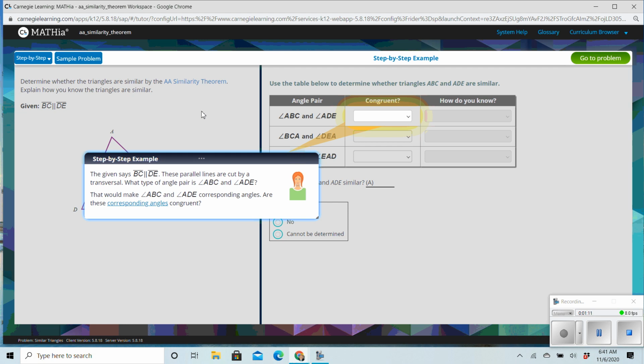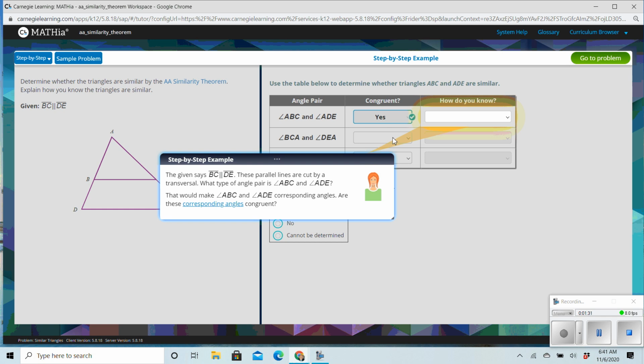Are these corresponding angles congruent? When you think about corresponding angles, we've been talking about this since the beginning of time, right? When we talked about translations, dilations, remember, whenever you literally just move a shape, corresponding angles, are they congruent? Always. So now, how do we know that they are congruent?